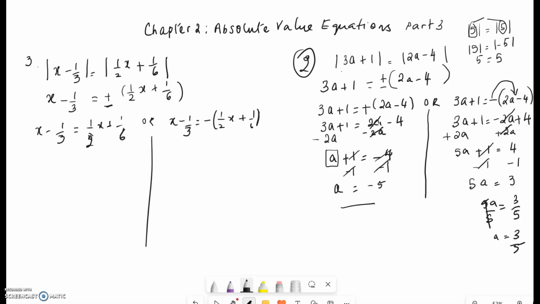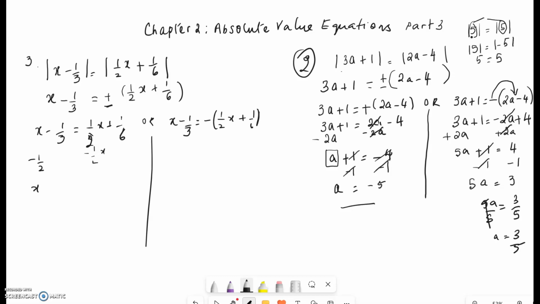So let's solve this. We're subtracting half x first on both sides.